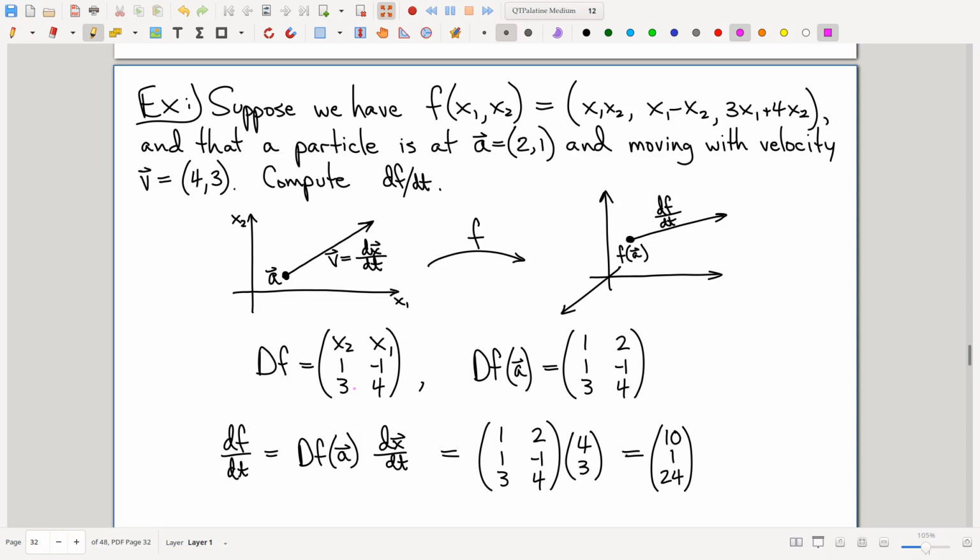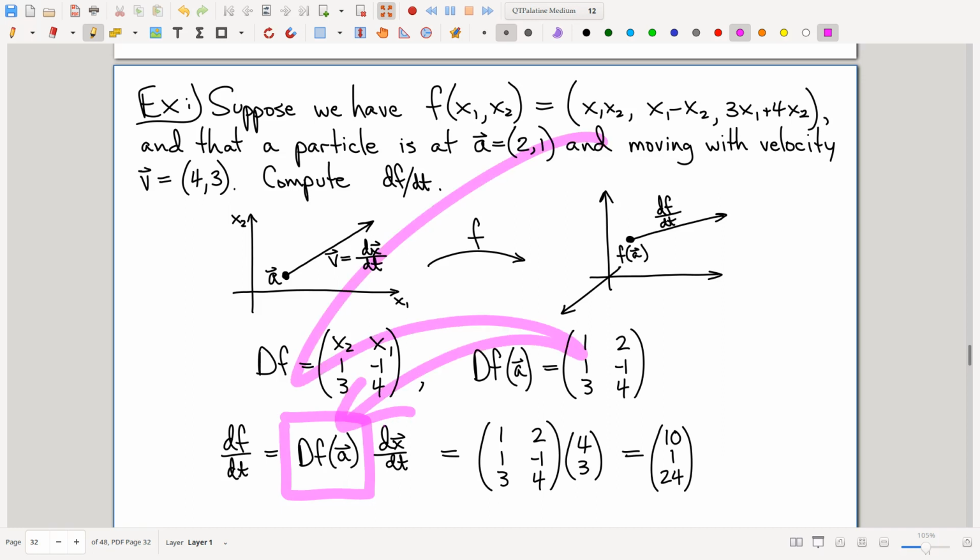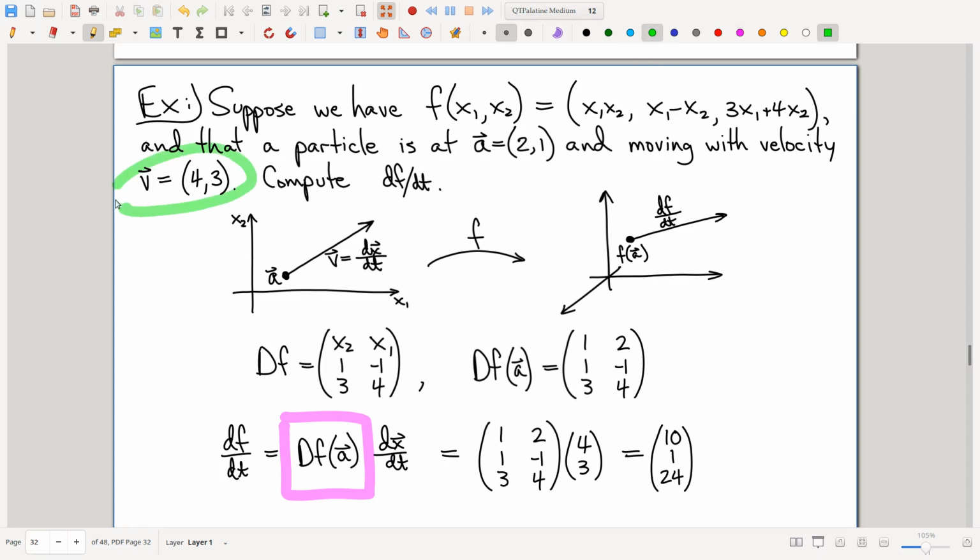But let me just point out, even though y'all are going to read most of this, we have to put in a little bit of labor to actually compute that derivative matrix. But the punchline of how we're going to answer this question is we're going to use the derivative matrix and multiply by input velocity to get output velocity.